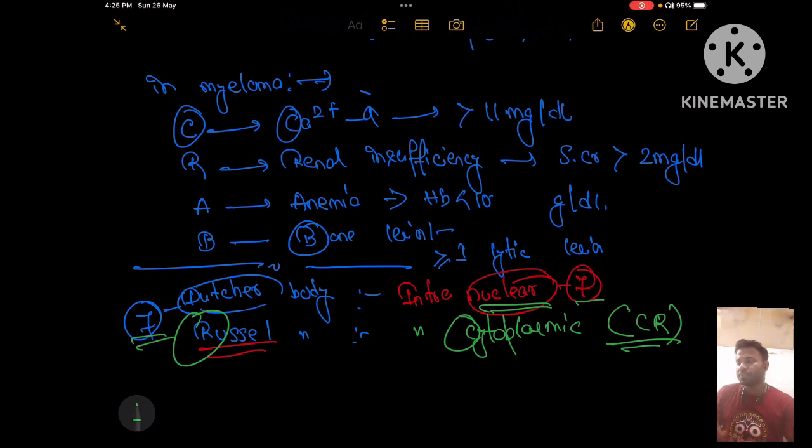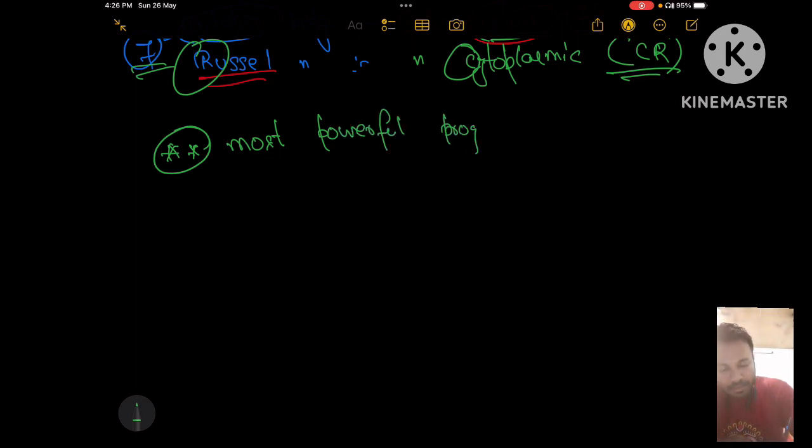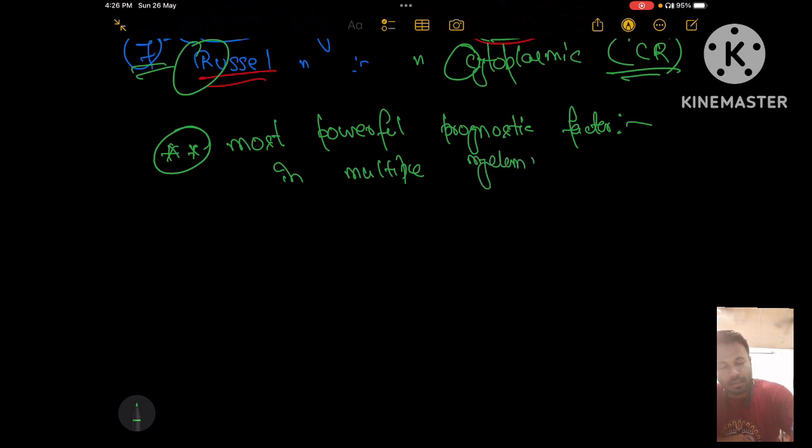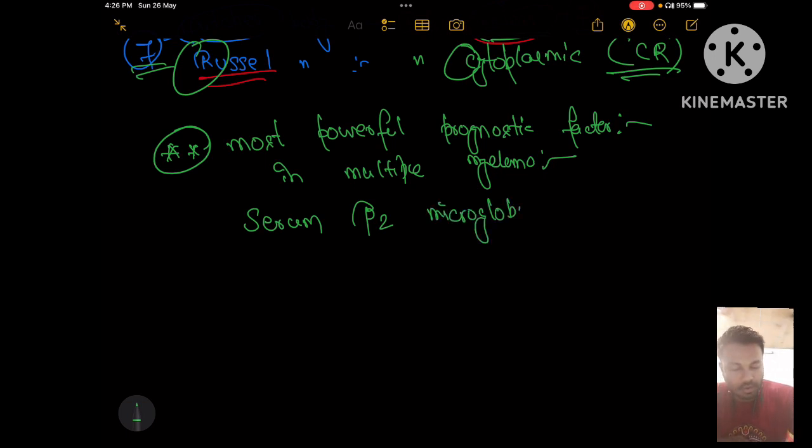So intranuclear is Dutcher body, and Russell body is intracytoplasmic. The most powerful prognostic factor in multiple myeloma is serum beta 2 microglobulin.